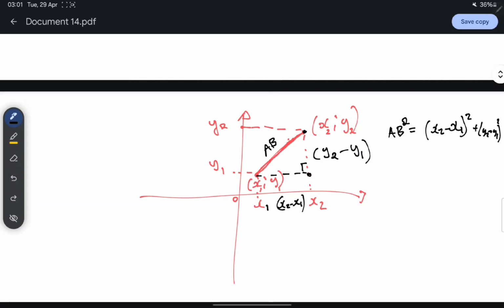So that means my AB will be the square root of x2 minus x1 squared plus y2 minus y1 squared.